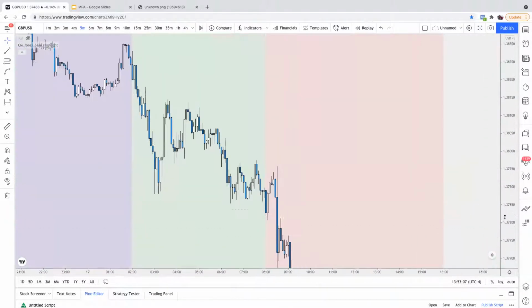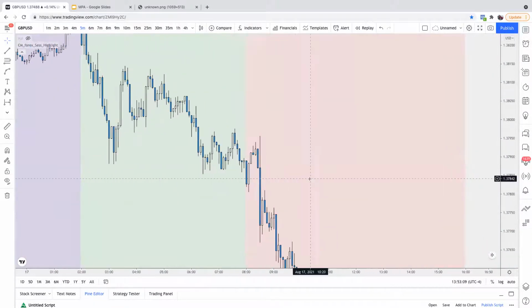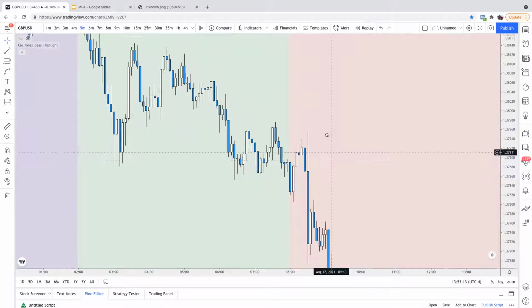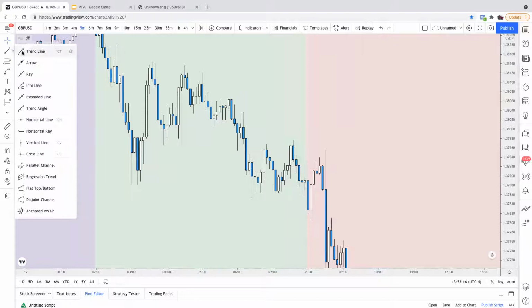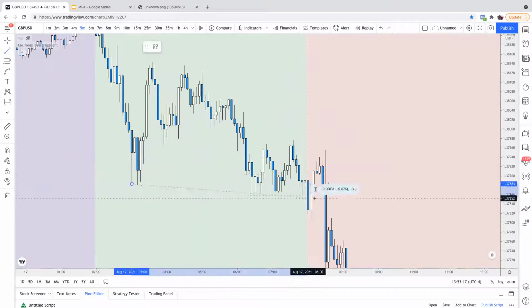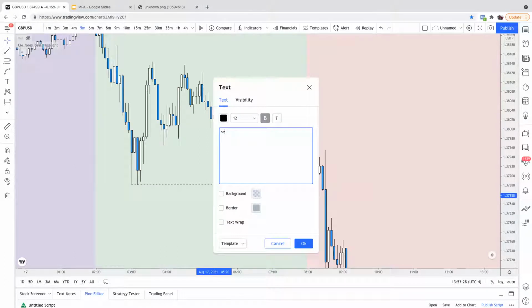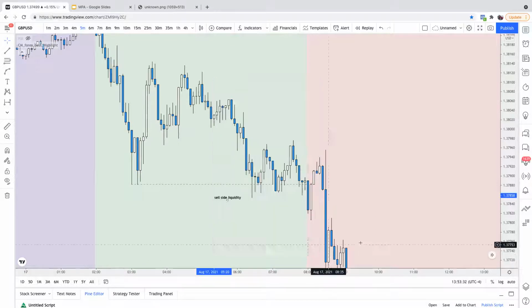First things first, starting off at London, this is pretty much how I broke down price. I said here that London had created sell side liquidity.